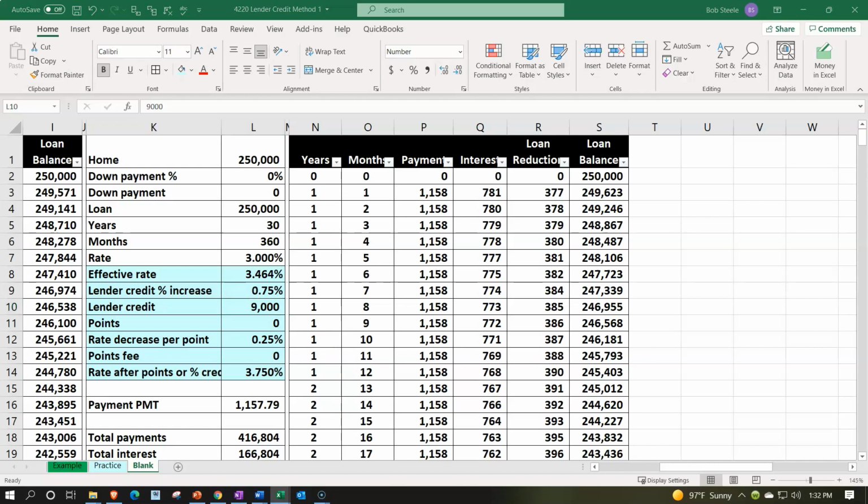So then we can try to say, okay, well, let's calculate our break-even type of analysis on this as well. Because in this scenario, we basically got money up front, which we're going to be paying for over time. So over the life of this thing, we're going to have an effective rate of the 3.46%, which is higher than obviously the 3% we would have had over the life of it if we had not taken on the lender credit.